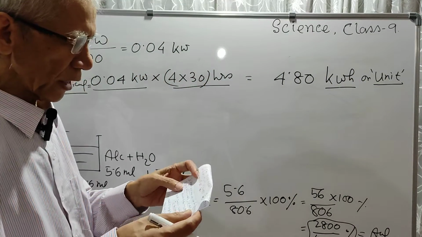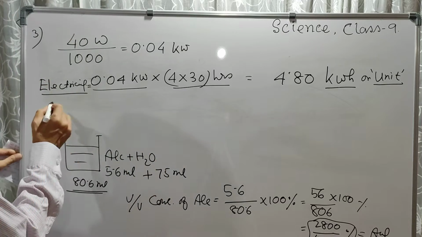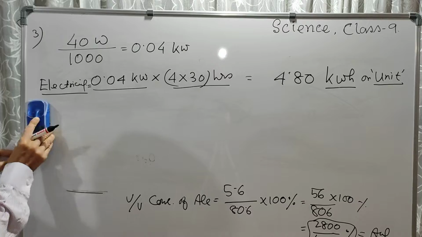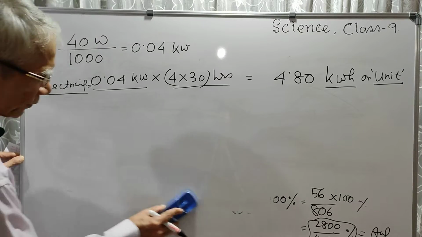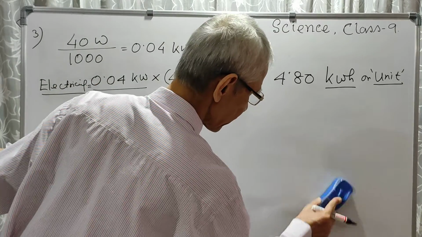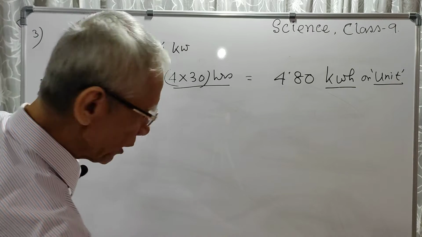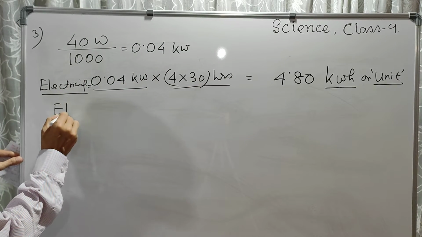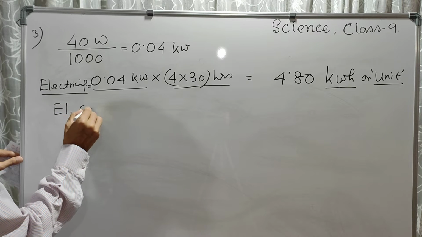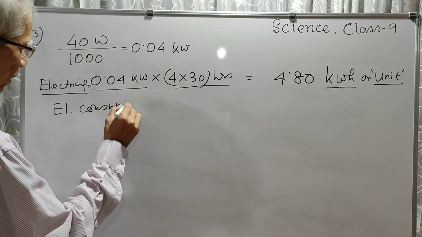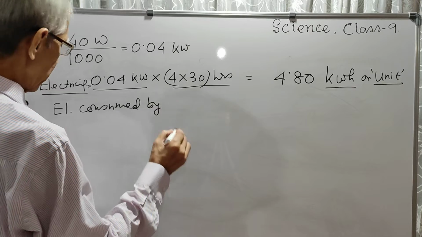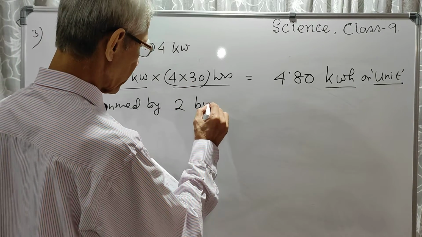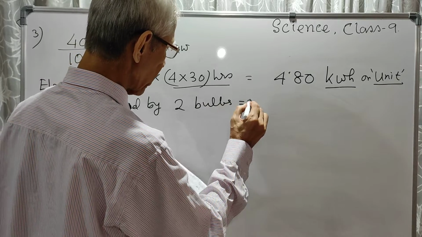Now here in the question there are two bulbs. So this is a case of one bulb. Therefore, the electricity consumed by one bulb is this. How many bulbs are given in the question? Two bulbs, 2 40 watt bulbs. Both the bulbs are 40 watt each.